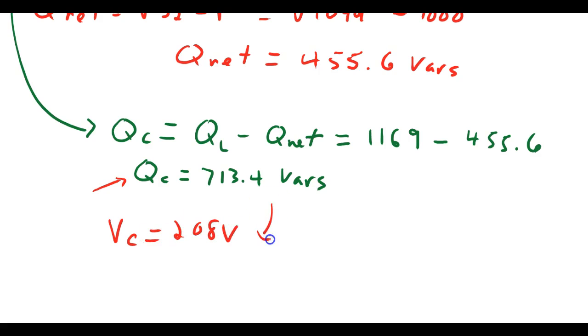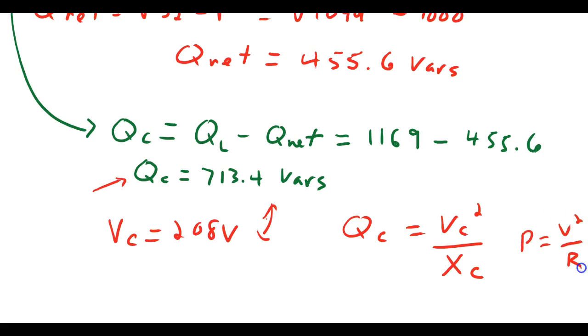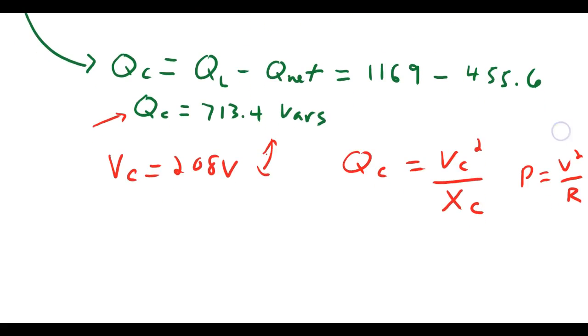And how we relate these two quantities is with the equation QC is equal to VC squared divided by XC, which is a version of P equals V squared over R. What we're saying basically is that the power is equal to the voltage squared divided by the impedance, the inductance, the resistance, whichever is appropriately put down there.